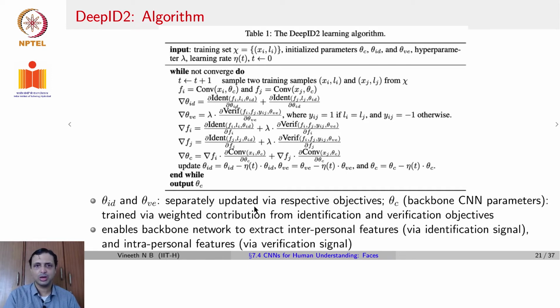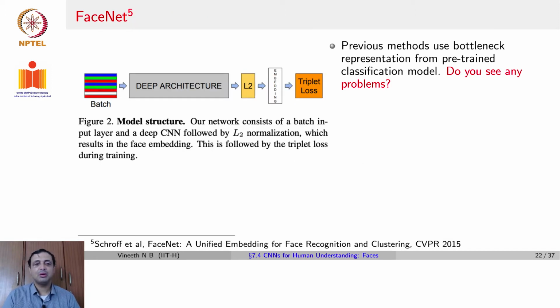This enables the backbone network to learn both good interpersonal features and intrapersonal features.